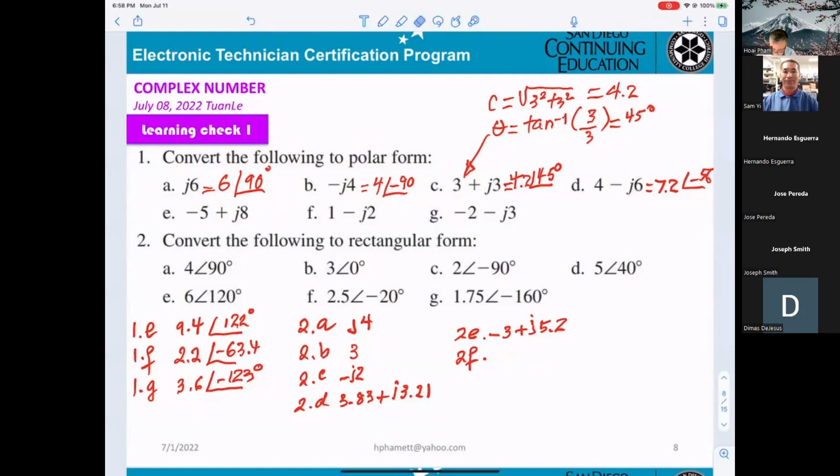Then minus j 0.85. You get the same answer. That's pretty good. Okay, 2F and last one, 2G.